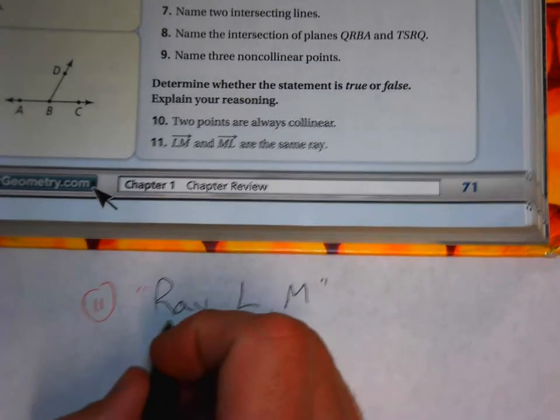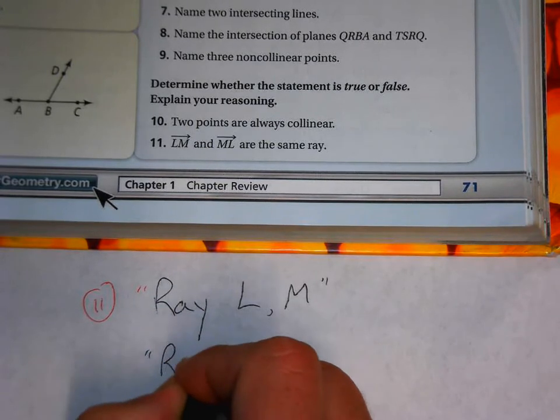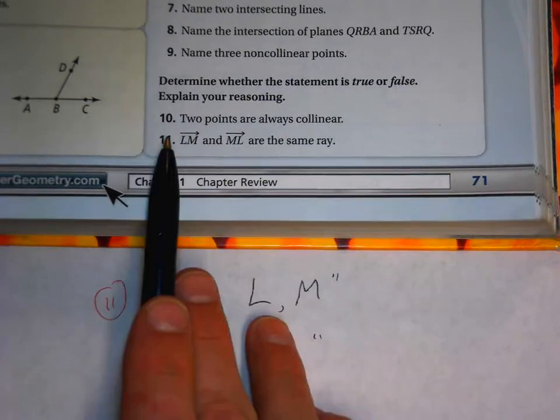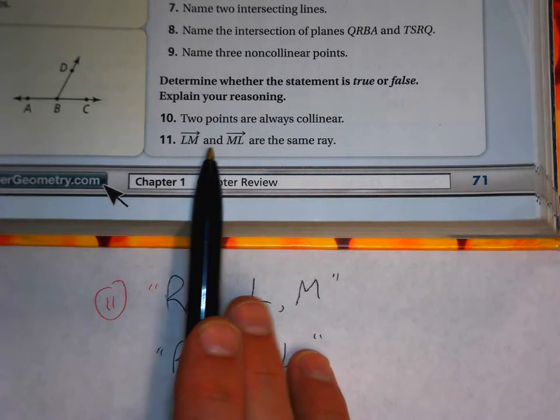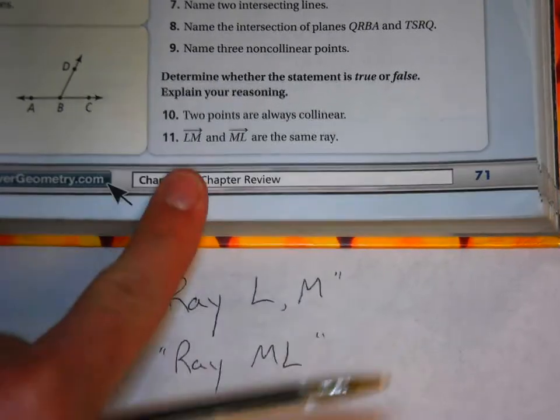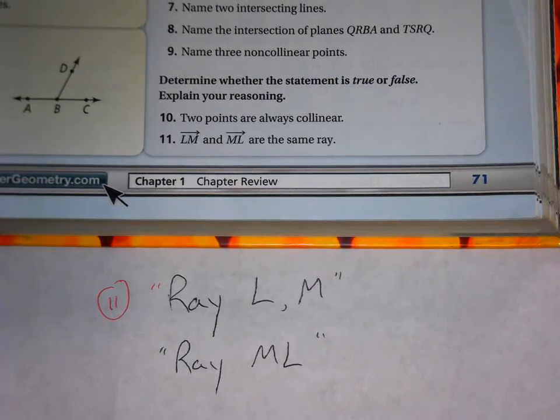And then the second thing is going to be Ray M L. So you have Ray L M and Ray M L. The question is, Ray L M and Ray M L are the same ray. Is that true? I don't know.